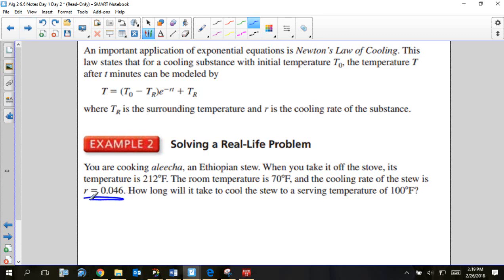To find this cooling rate, you have to have more information, but we'll do that a different day. But you need to know the cooling rate. You need to know the temperature that it came out of the oven or came off the stove at. So this is telling you the temperature that we are starting at, 212 degrees Fahrenheit. Up here, the temperature it's starting at is T sub 0, that's the initial temperature. And then T sub R, which there's 2 of them, is the room temperature.